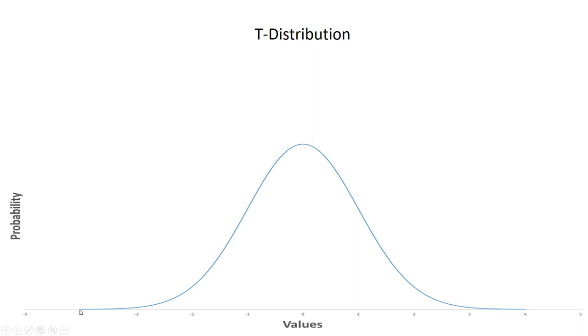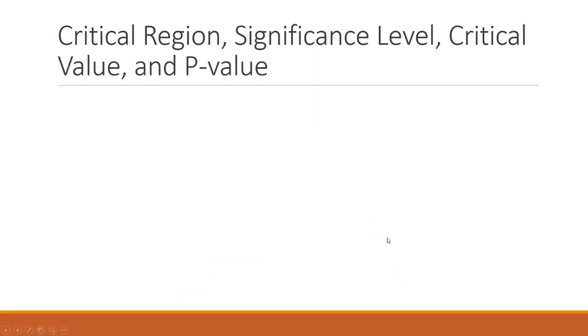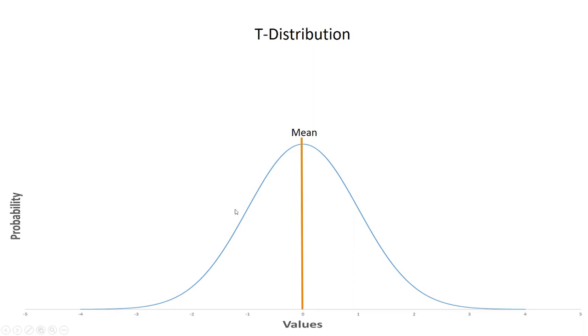T-distribution. You recognize, okay, this is a distribution. It looks very similar to a standard normal, but it's just a little flatter on top and a little more widely distributed. All right. It has a mean of 0. And what we're going to do, I'm going to illustrate this step by step using the t-distribution, how we do our hypothesis testing.